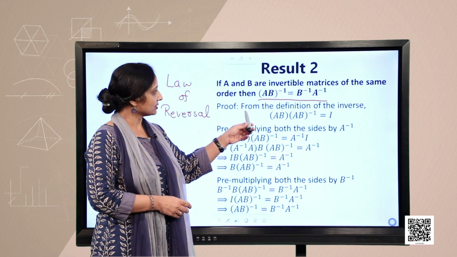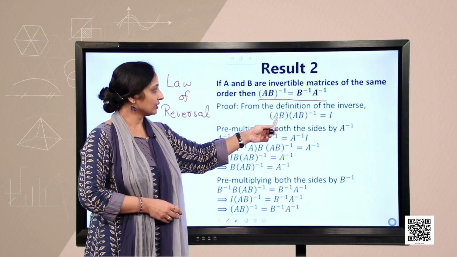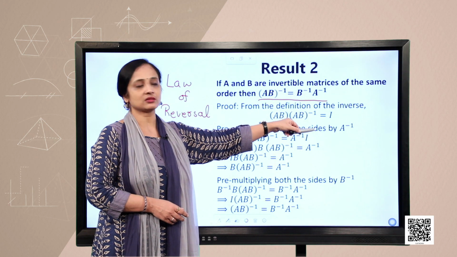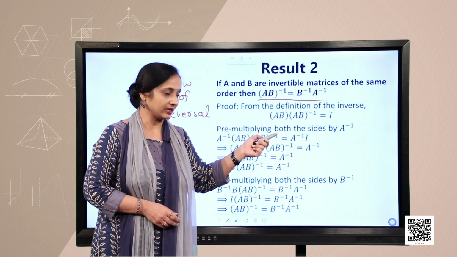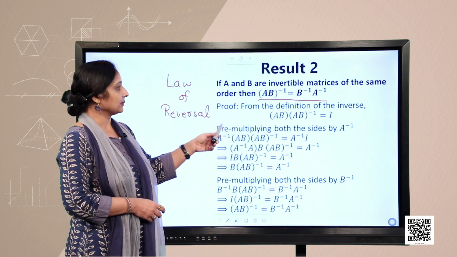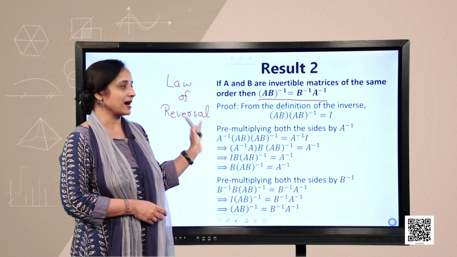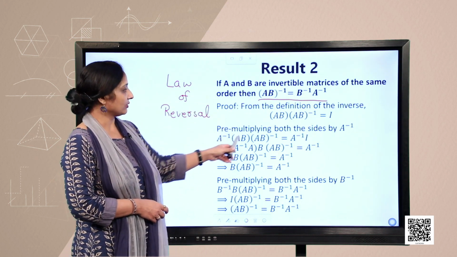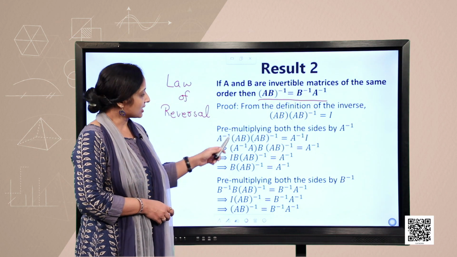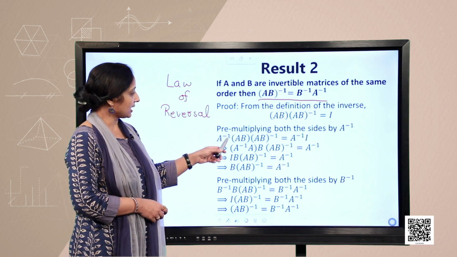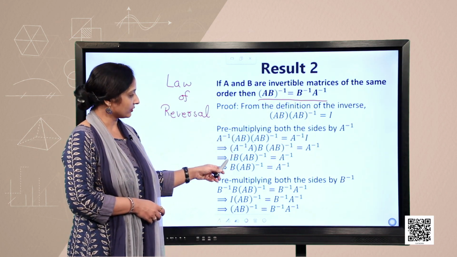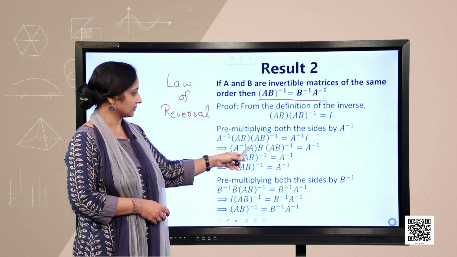So let's prove this. From the definition, we know that AB multiplied by its inverse must be giving me identity matrix. So pre-multiplying, that means multiply each term by A inverse. Write A inverse here as well as here. Start multiplying term wise. A inverse into A, that will give us identity matrix.